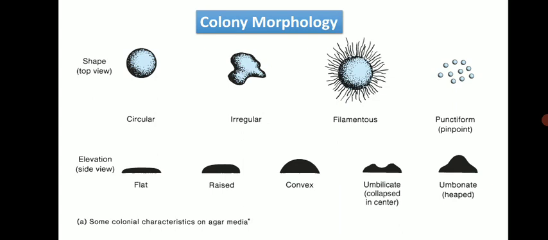Commonly observed patterns include circular, irregular, filamentous, punctiform, flat, raised, convex, and umbonate. All these are colony morphologies produced by microbes or bacteria after culturing in a petri dish, and colony morphology is a specific feature.